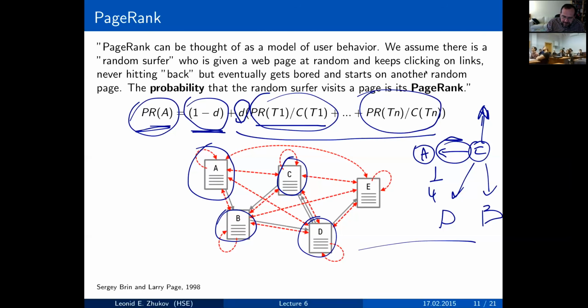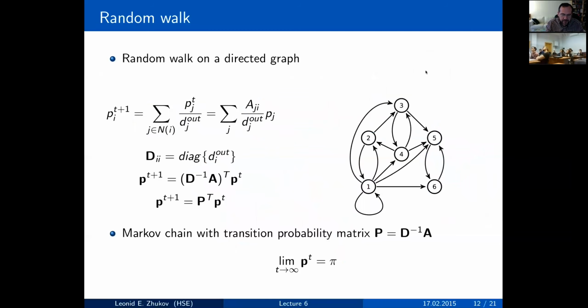Okay. So now we understand that it's a random walk on the graph, and let's for a second again forget about the troubles we can get because of absorbing nodes. Let's just look at some nice graph where there are no absorbing nodes, and we can actually look at the random walk.